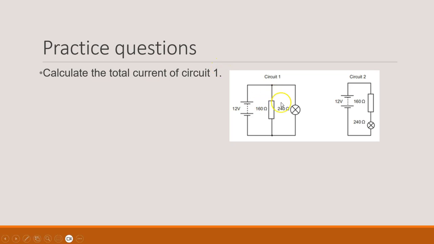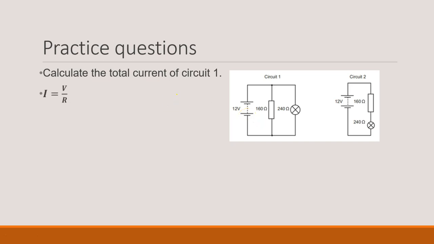Now that we have the total resistance of circuit 1, and we have the voltage, we can calculate the total current of circuit 1. Remember that the total current of circuit 1 applies to the current before the branch split and after the branch split.